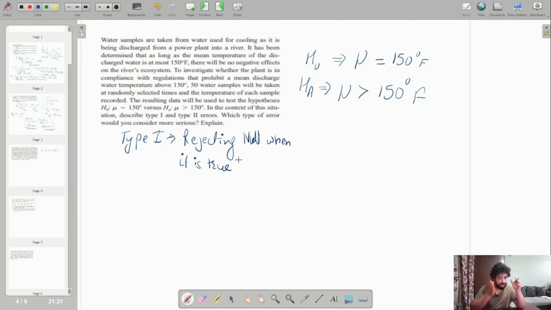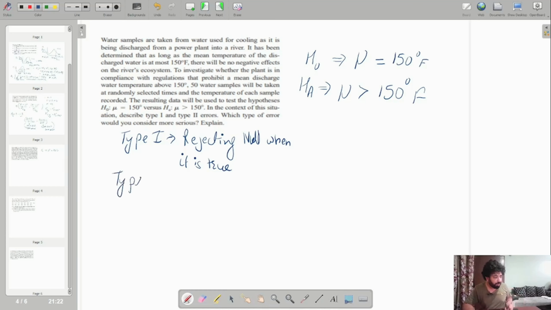But the sample I took actually says that this is more than that. So the plant was actually following the regulation practices, but based on the sample I collected, I concluded that the plant is not following the regulation practices, and that is why I created an error in my judgment. That is type 1 error.